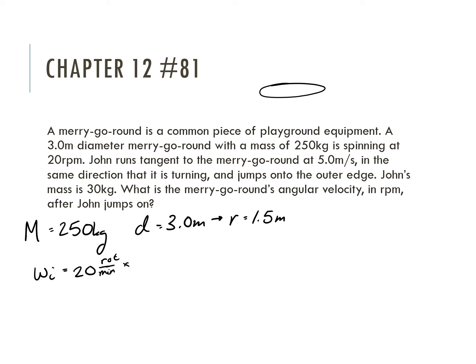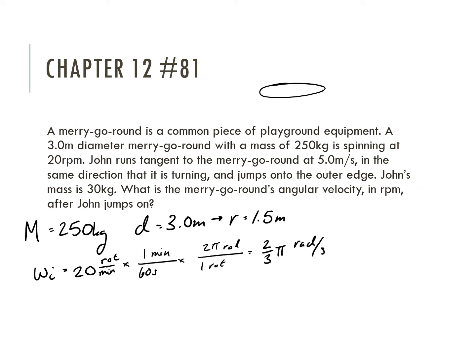Again, we need to convert this, so let's go ahead and do that now before we forget. 1 minute divided by 60 seconds. One rotation is 2 pi radians. We can go through and plug that in. I'm going to leave the pi because it's convenient. So I'm going to have 2/3 pi radians per second.